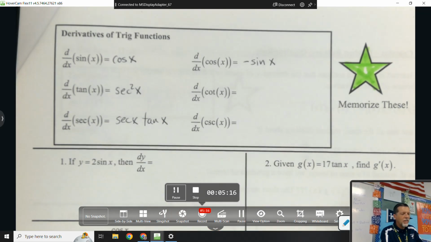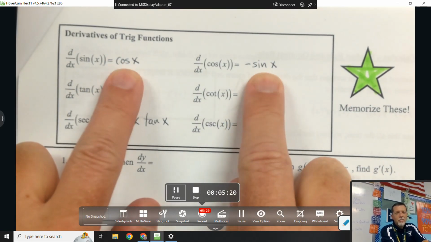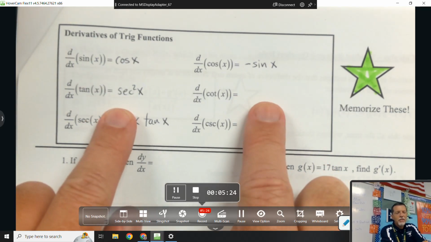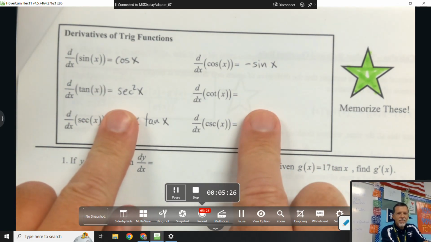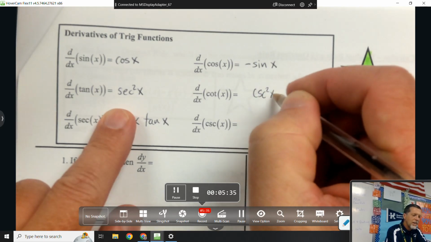But based on the first set of answers, do you care to take a guess on what the derivative of cotangent is? Okay, cosecant squared, and it's negative.